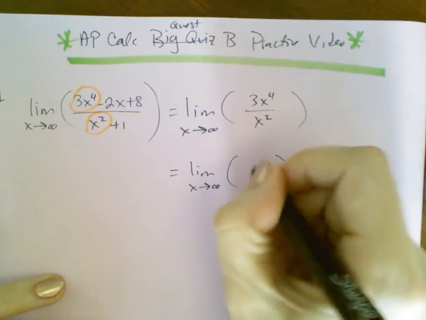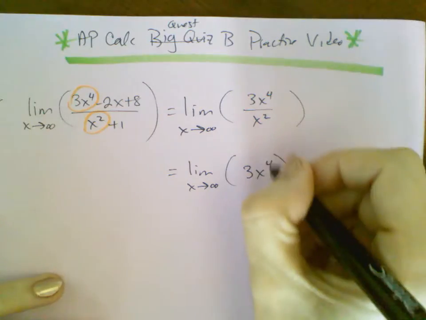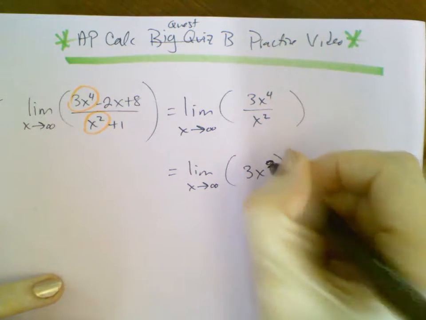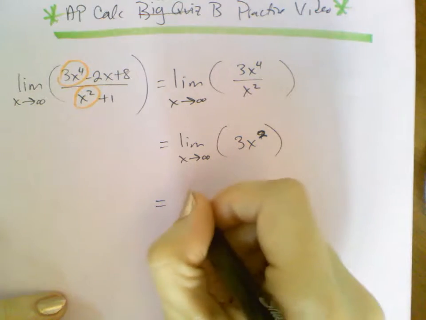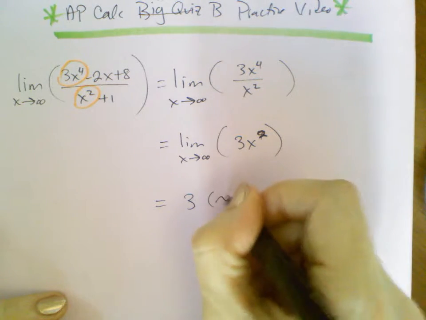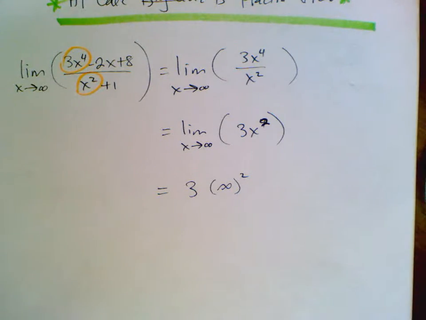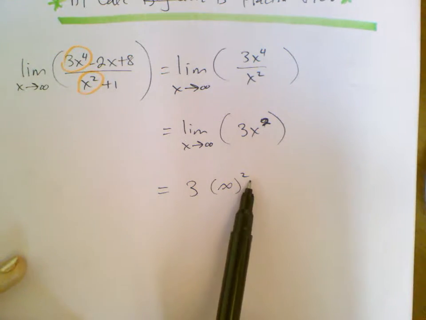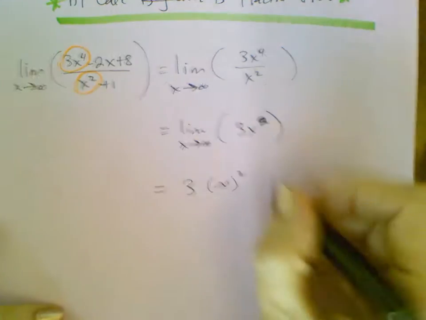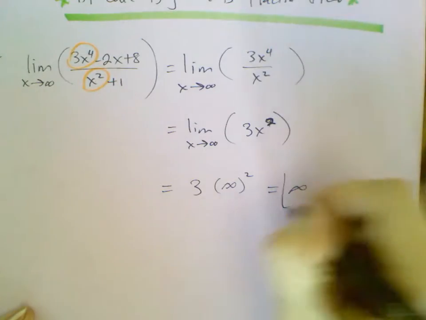So this is 3x to the 2nd. At this point, I am dropping the limit because in place of x, I'm putting infinity. So I'm substituting. Infinity squared is infinity. 3 times infinity squared is infinity. So the answer to this one is infinity.